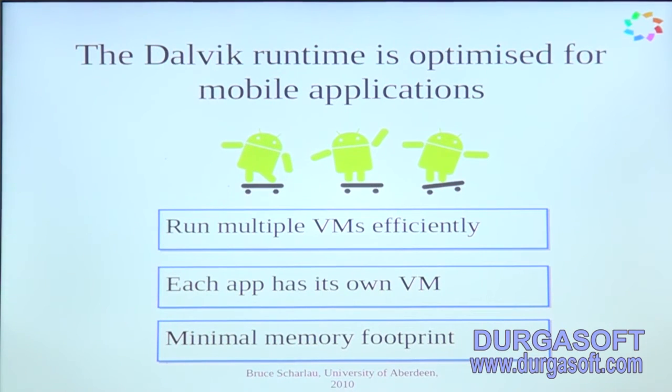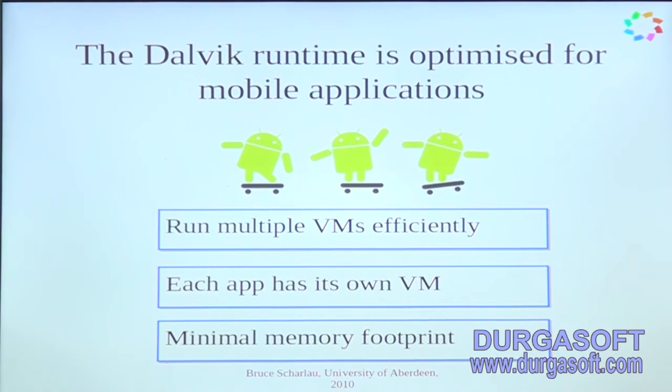And the Dalvik virtual machine is optimized for mobile applications. As you know, it runs multiple virtual machines effectively, and each app has its own VM. In the sense, whichever bytecode I spoke about, which was being converted by the DVM, has a minimal memory footprint, which means that the footprint that comes out of the JVM occupies more memory than the footprint occupied by the DVM.